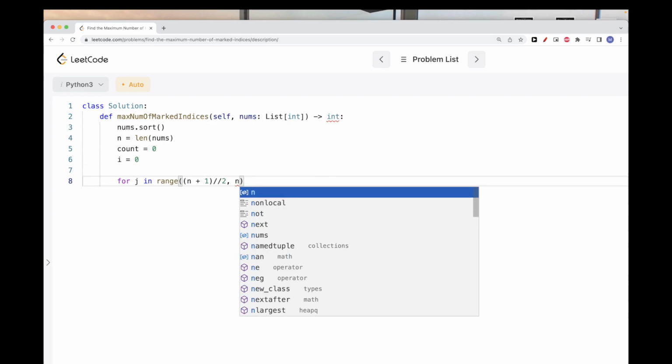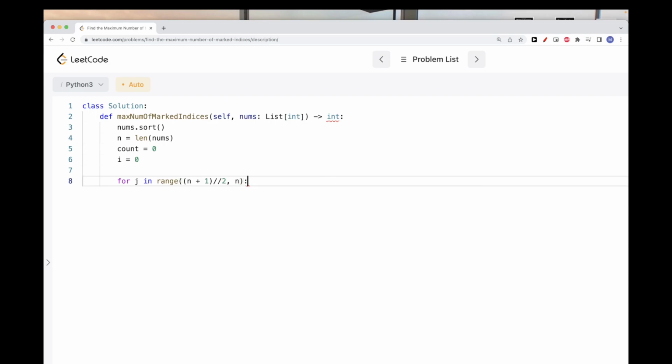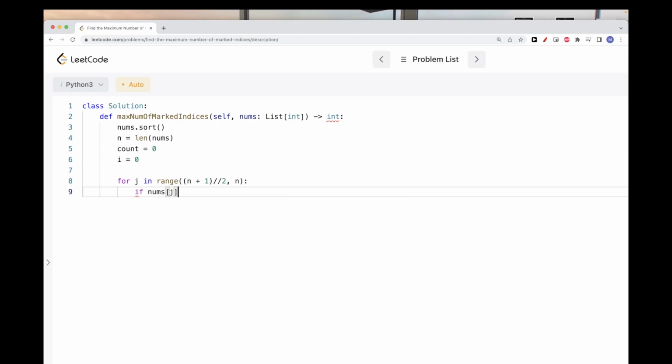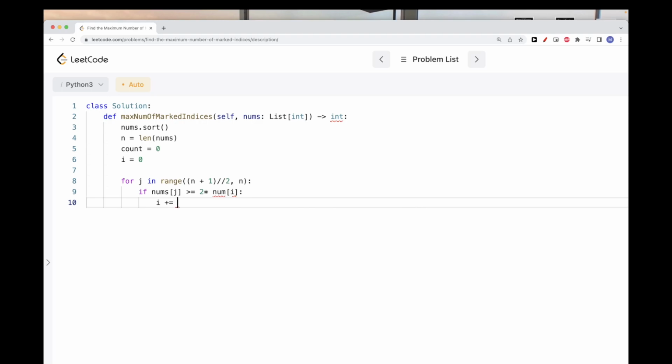So basically, we iterate j on the right half of the array. And now, if this j is actually a valid pair with the current I, then we found a pair, and so we need to move I. So we need to move I, and we need to count this pair. So basically, that means ij is a valid pair.